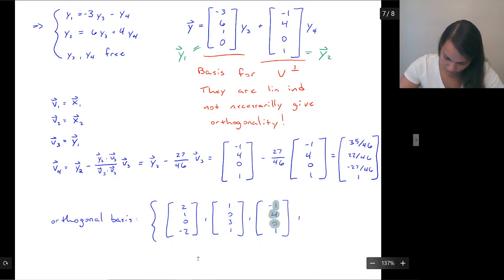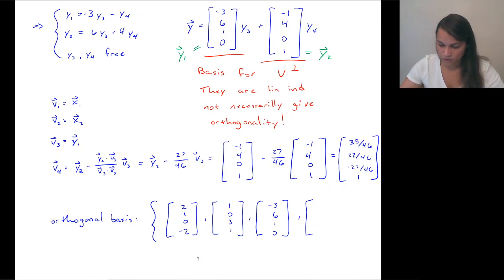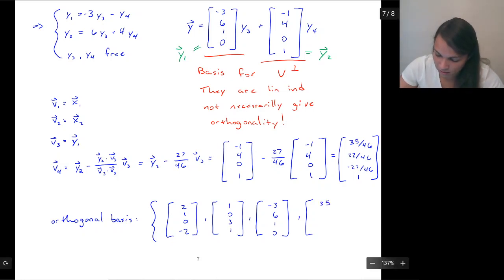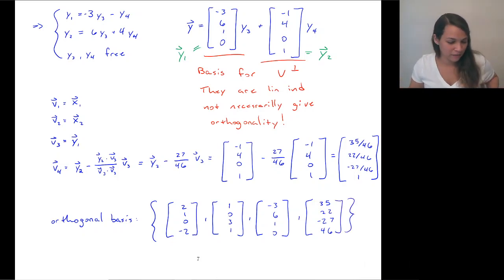Or, ooh, that was Y2. -3, 6, 1, 0. And then Y4, I'm going to choose to multiply V4 by 46, because I don't like writing fractions. It's gross to look at. You're going to finish this class and you're going to be like, well, we know Gracie hates fractions. But anyway, there you go.